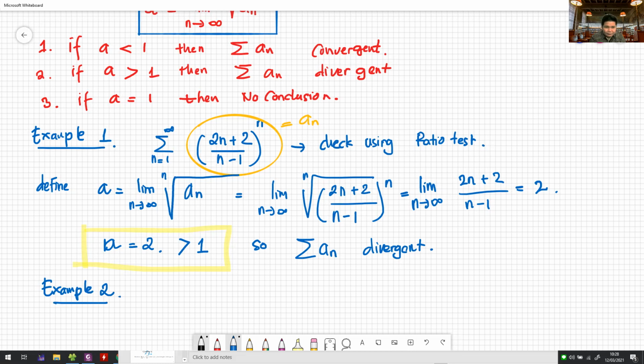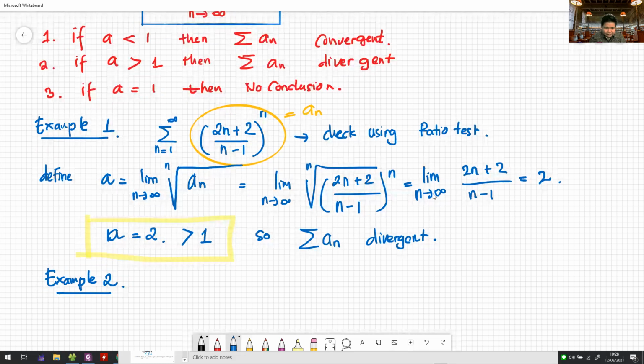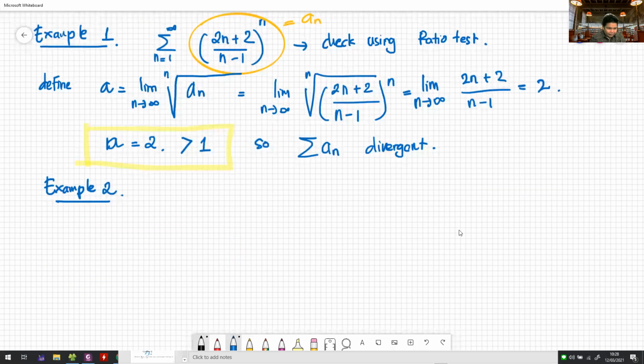Okay, another example, exactly the same, but using the root test, we will use another example. Example number 2. This is the sigma of n plus 2 divided by 2n minus 1, to the power of n, and then n goes from 1 to infinity.